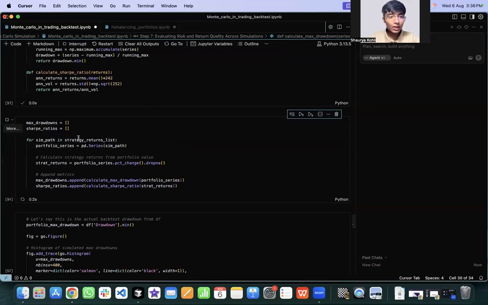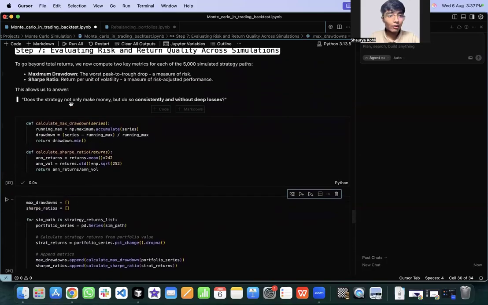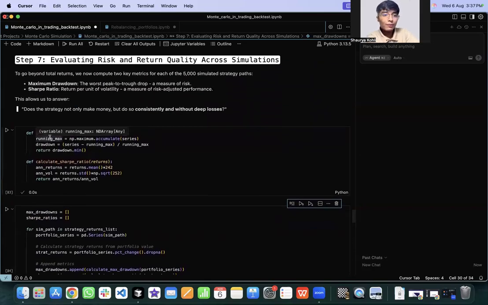So, I would like to explain this as well. First we'd like to calculate the max drawdown. So over here, we are running the max equals to the maximum accumulate of the series, and we do this by subtracting the series from the running maximum, divided by the running maximum.